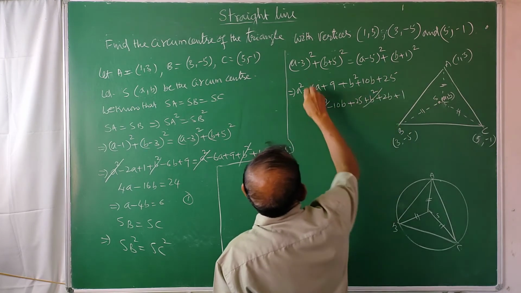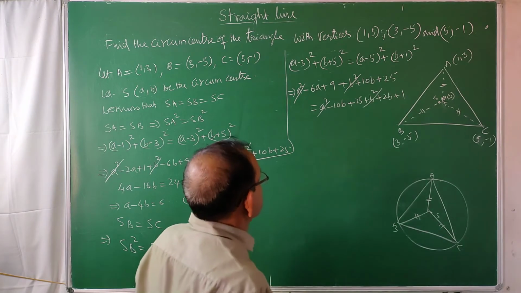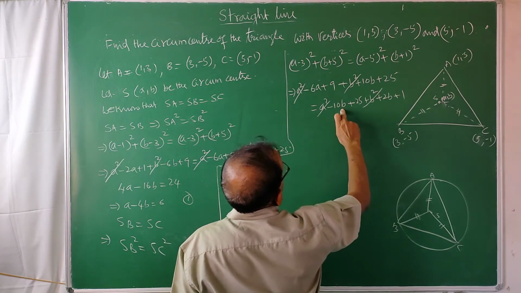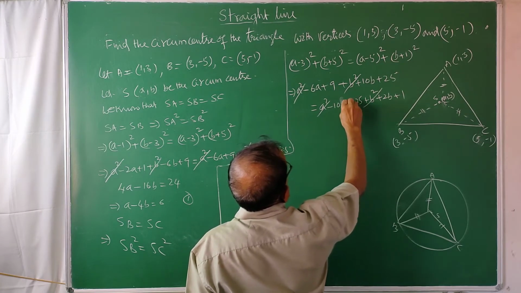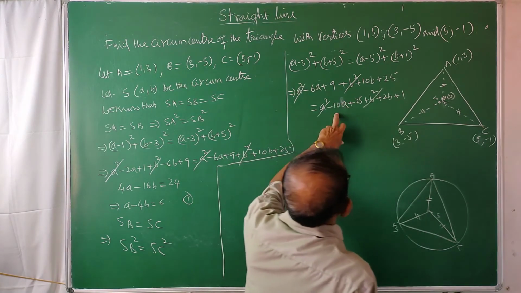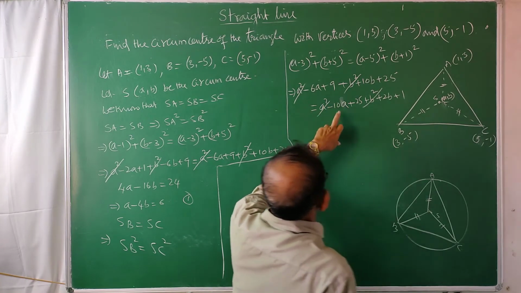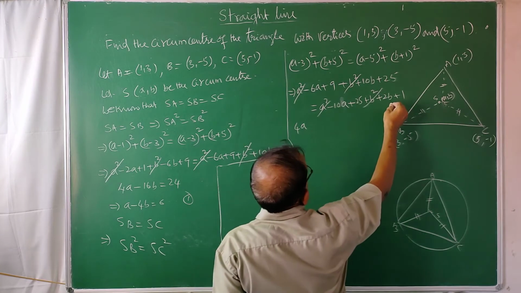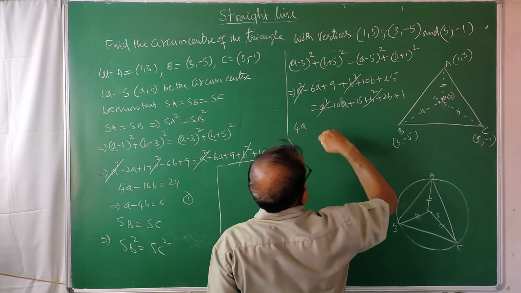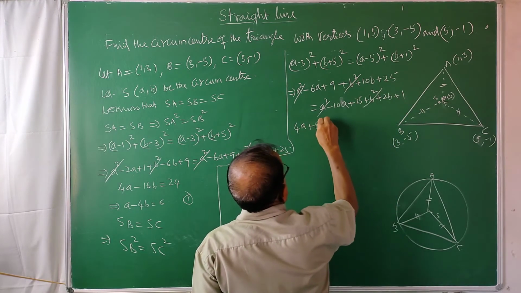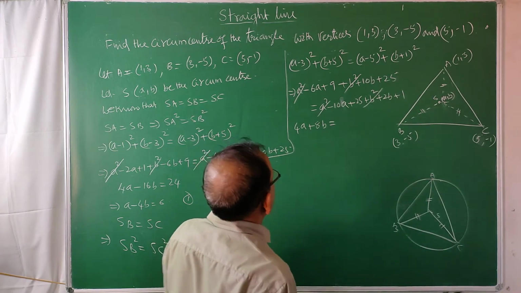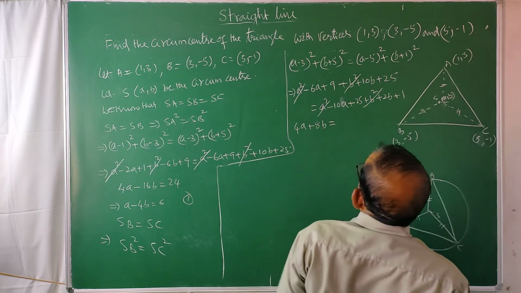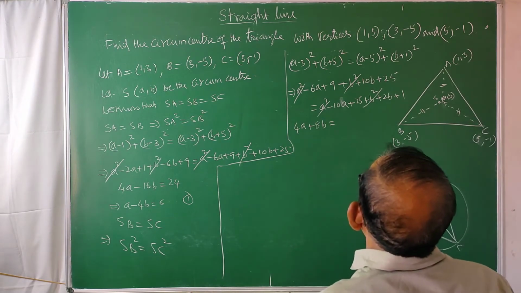a square and b square are cancelled on both sides. This is a square minus 10a, not 10b. Here we made a mistake.